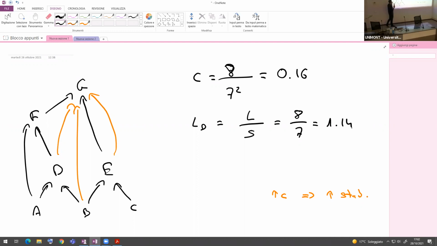For the black one, if I'm not wrong, it's 1.14. So higher link density is more or less complex. Higher link density is higher complexity.